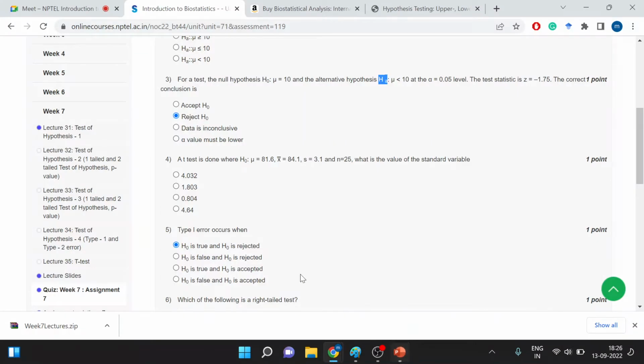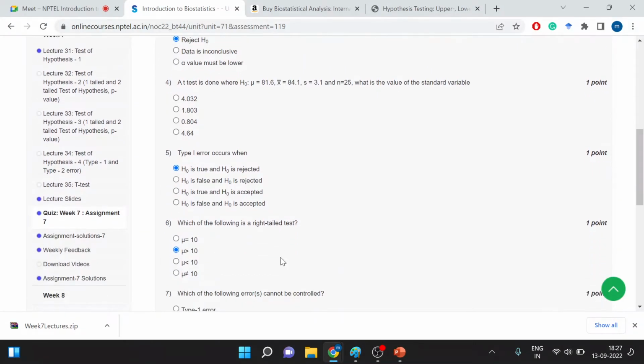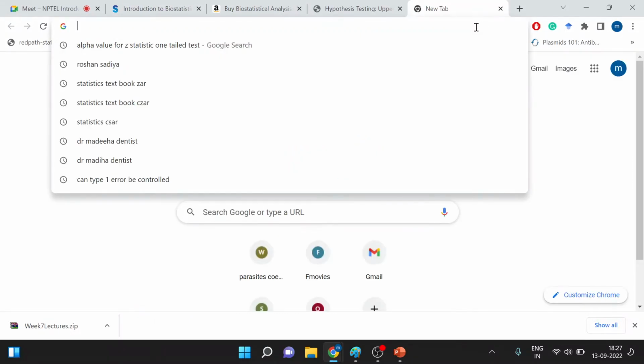The next question is, do you all know about type 1 and type 2 errors? There was a hilarious example a long time back. Let's see if it still exists.